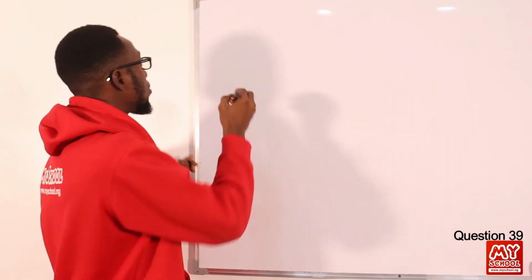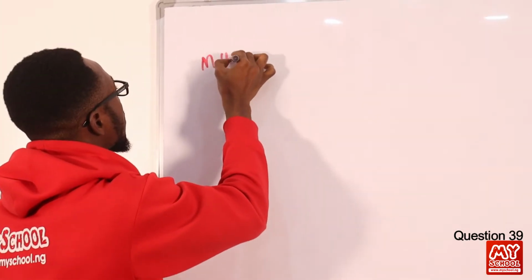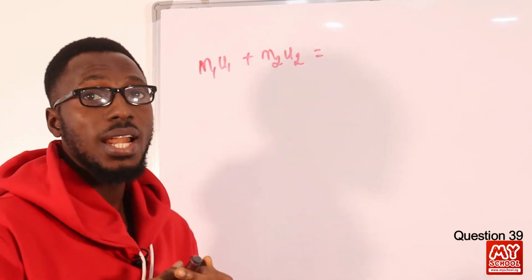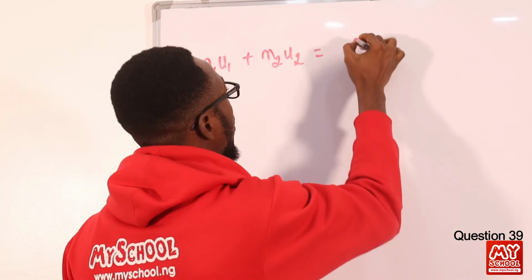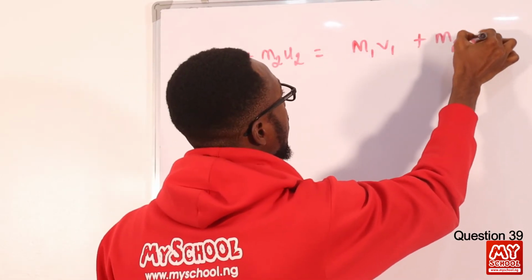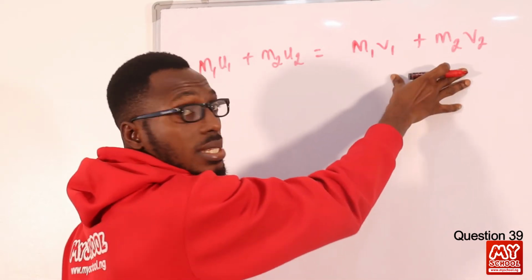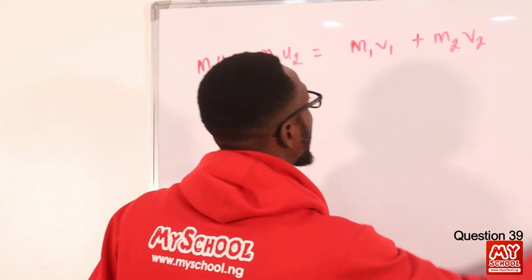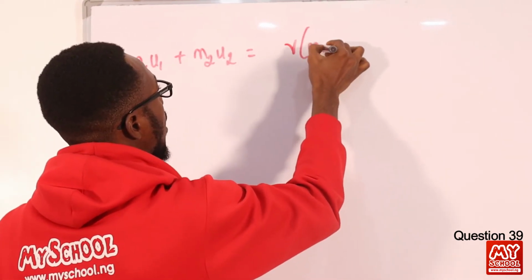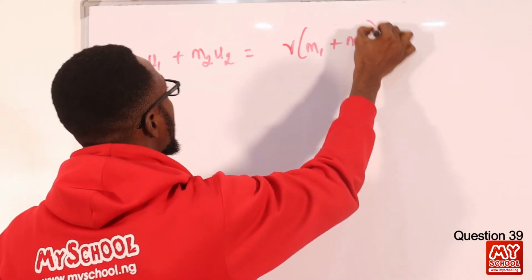Okay, so we're just going to use this. Since they stick together, they are going to have a common velocity. So instead of writing out this, their velocity is common, so I will just have it this way instead: V into brackets M1 plus M2.